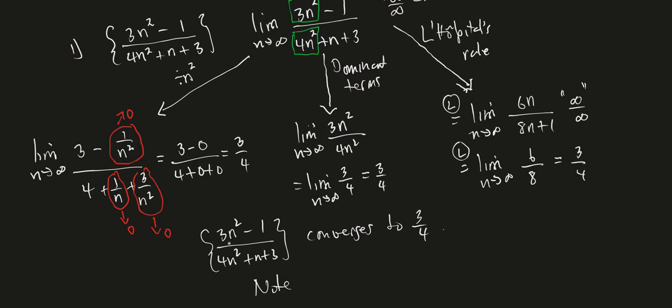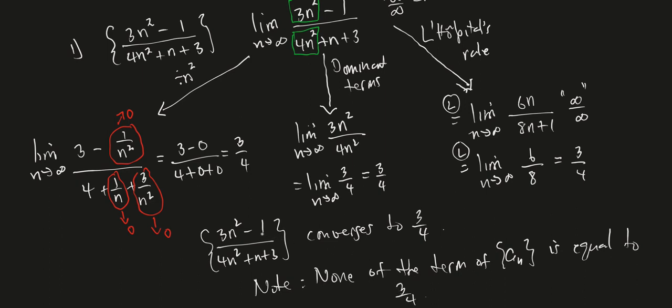So none of the terms, and if you think about it, it might take a little while for you to think about it and come to the conclusion. None of the terms of this sequence is equal to 3/4.